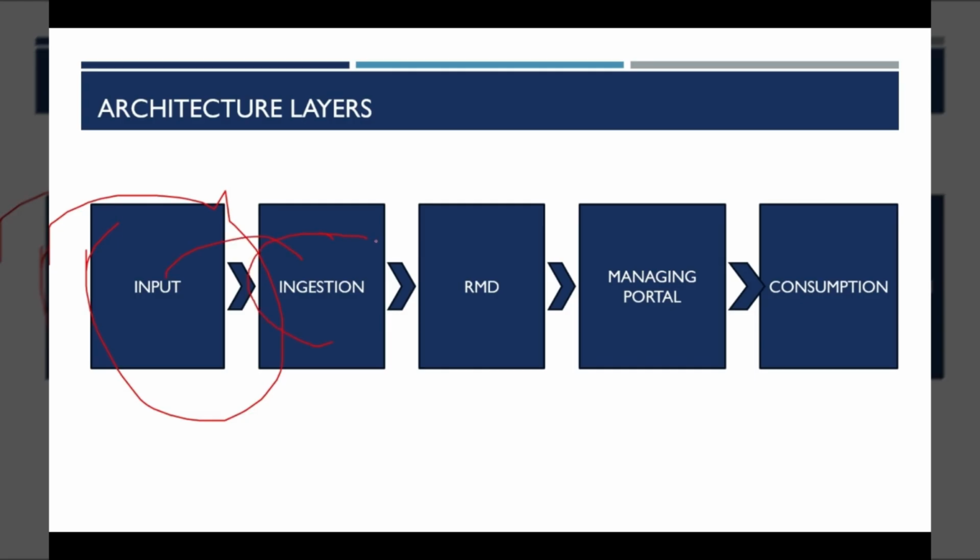For that, you will have to have an ingestion layer. Then we have the repository. Once you have a repository, we have to have a governance layer, which takes care of your MDM, and the MDM will be consumed by your analytical applications or downstream applications. So let's consider 5 layers in our conceptual architecture.